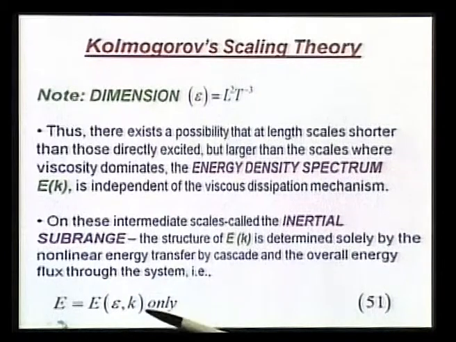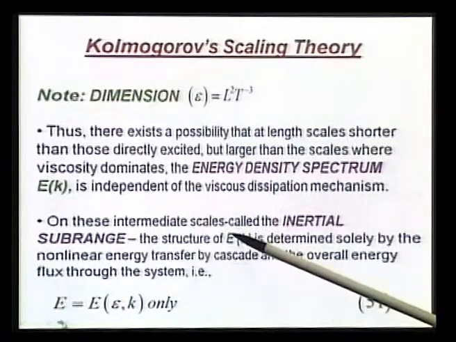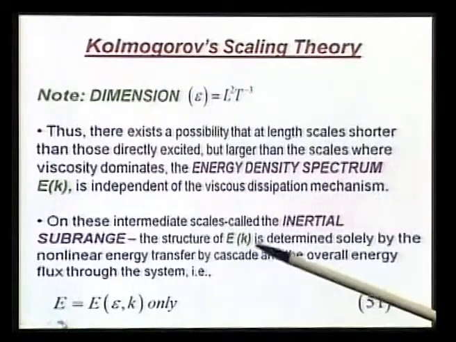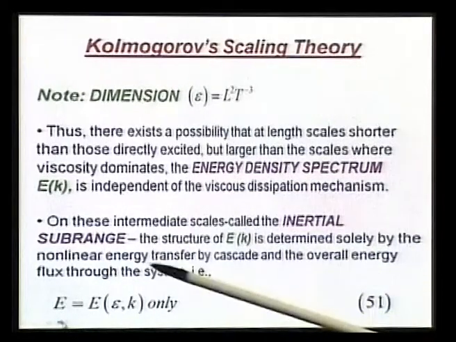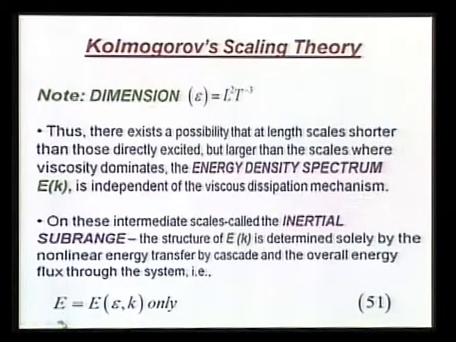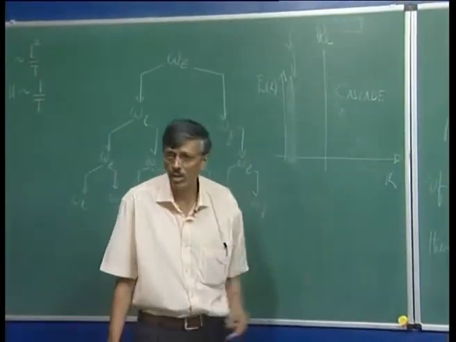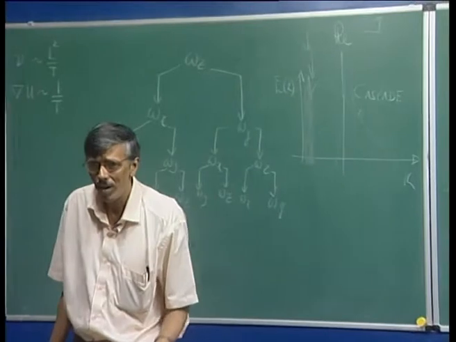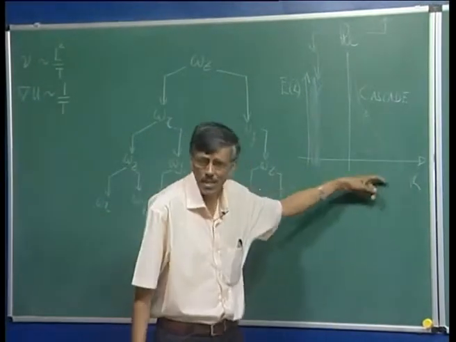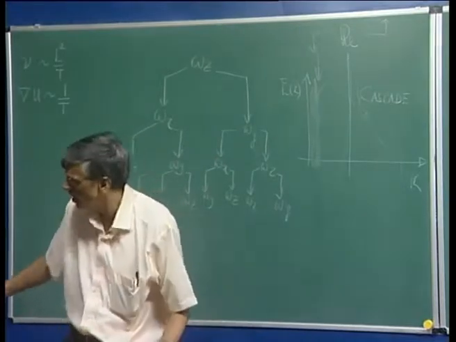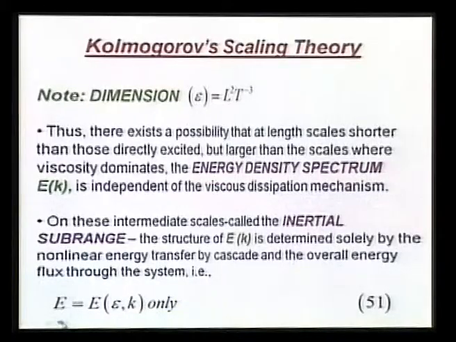If I am looking at this intermediate scale which I called the inertial subrange, the structure of E k is determined solely by the nonlinear energy transfer mechanism, how this cascade is going, how far it will go, whether it comes and stops here or whether it goes there. So, it depends on what? Where exactly this energy is taken out. So, the dissipation is important.